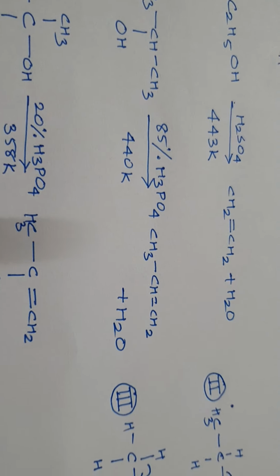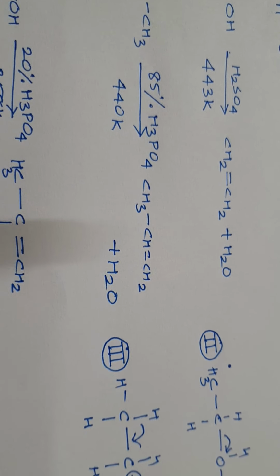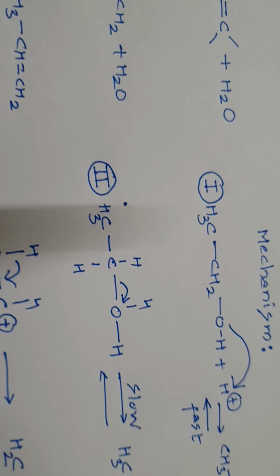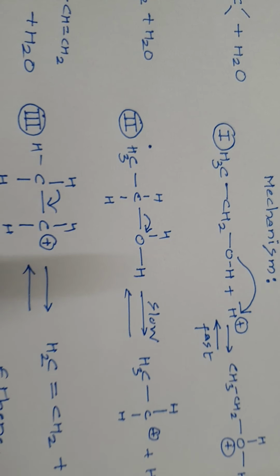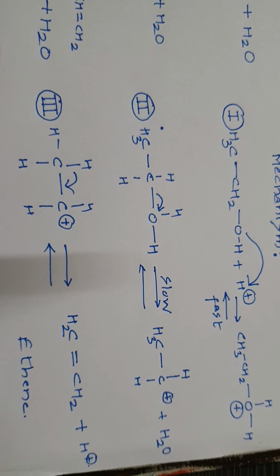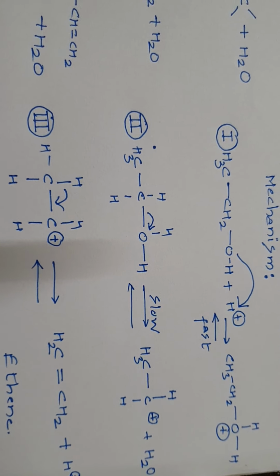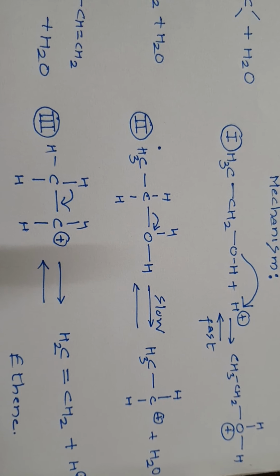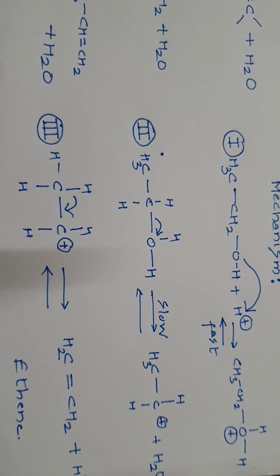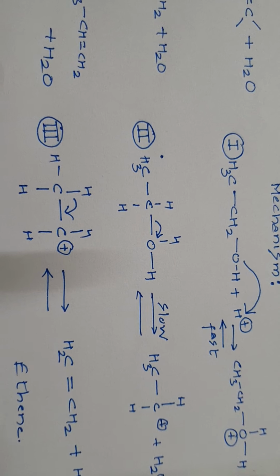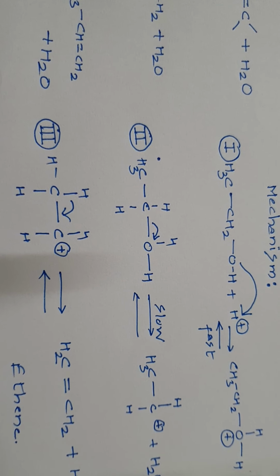We can understand this by knowing the mechanism of the reaction. So let us study the mechanism of this particular reaction. Now when it comes to mechanism of this reaction, know that we are taking an example of a primary alcohol to understand this. It's very simple.